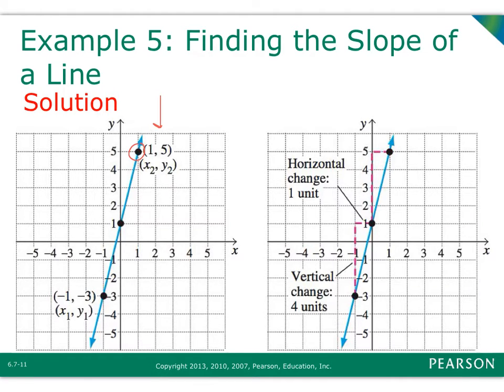We have the point -1, -3, which is right here. If we go up 4 and over 1, we see we have the y-intercept at 0, 1. If we go up another 4, 1, 2, 3, 4, and over 1, we're at the next point, which is 1, 5. Notice our horizontal change is just 1 unit, and our vertical change is 4 units.